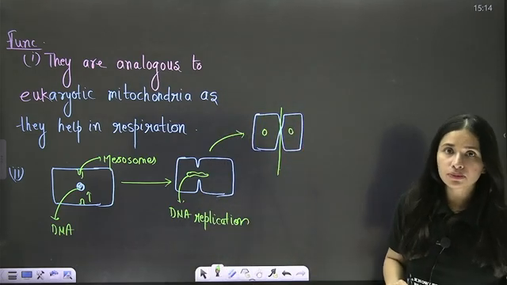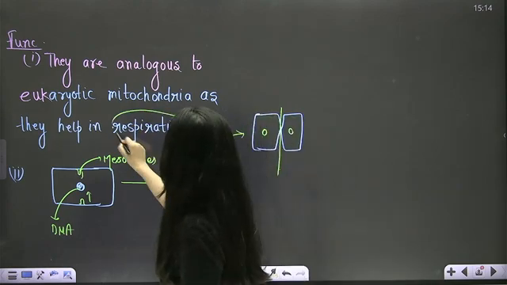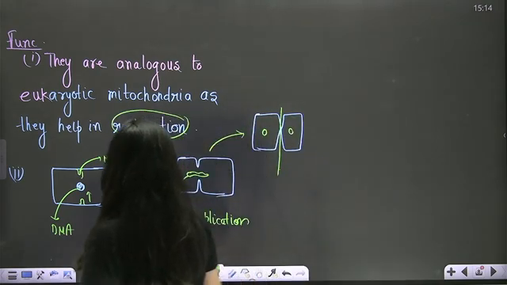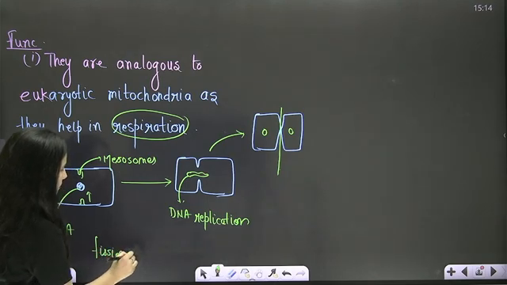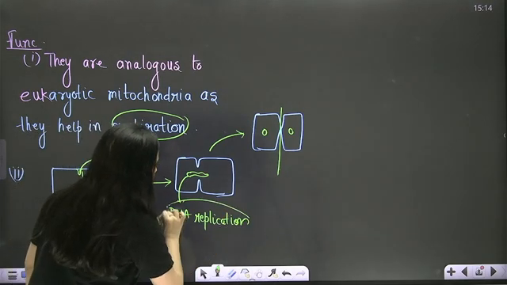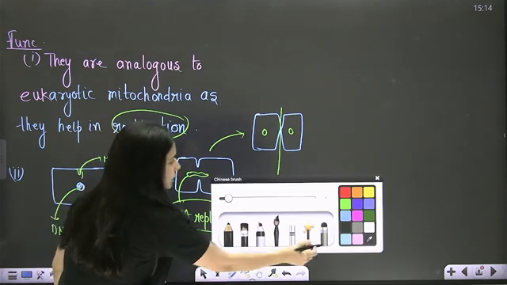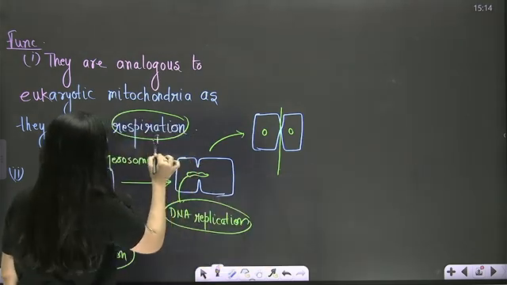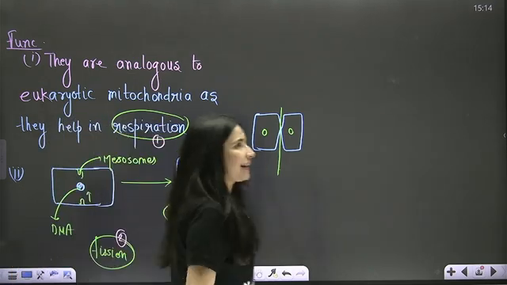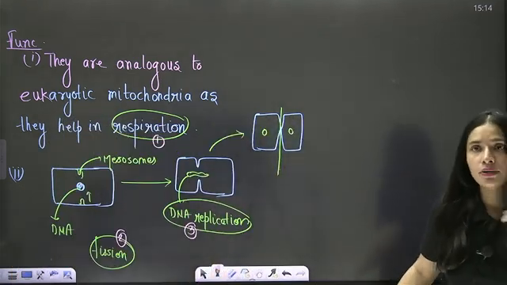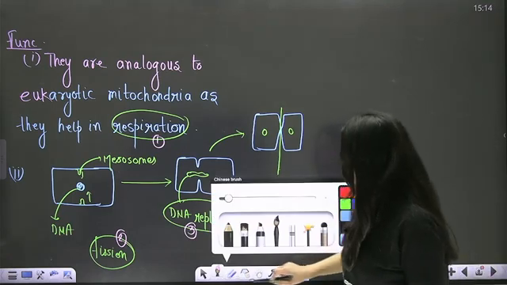So mesosomes not only help in respiration, but they also help in fission. Plus, they also help in DNA replication. So these are the different functions of mesosomes. Correct? Got my point, everyone?